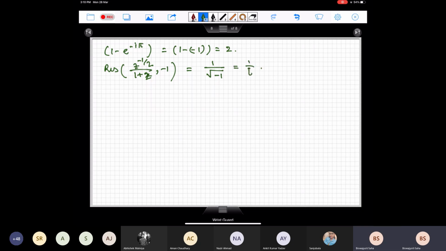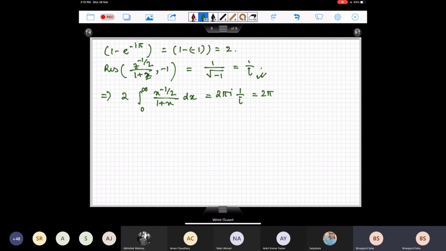This is what I get, and therefore this implies twice the integral from 0 to infinity of x to the power minus half divided by 1 plus x dx is going to be 2πi into 1 over i, so that is 2π.